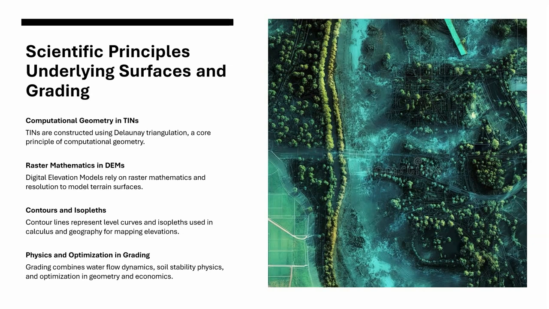And we saw that grading integrates physics, like water flow and soil stability, with optimization problems in geometry and economics. When you sit down at your computer and open Civil 3D, and you start clicking through your toolbars during our labs, you are applying centuries of mathematical thought and engineering science, probably without realizing it.